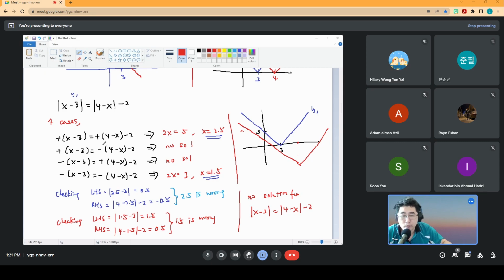Number three, you can use a graph to identify whether you have consistent answers or not, provided you know how to draw the graph. Number four, check your answers using common sense to figure out whether it makes sense or not. This is the thinking part, the analytic part that we want to train for further math students. Are you okay?